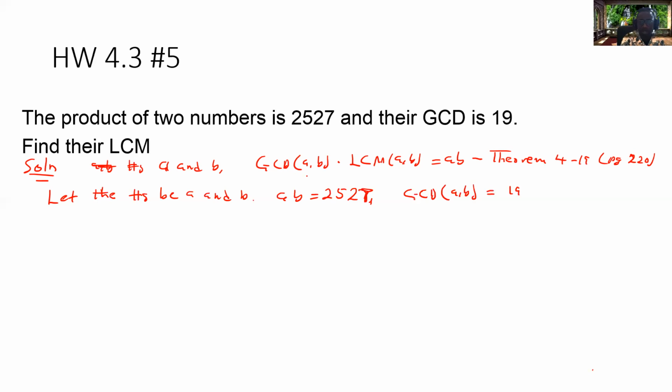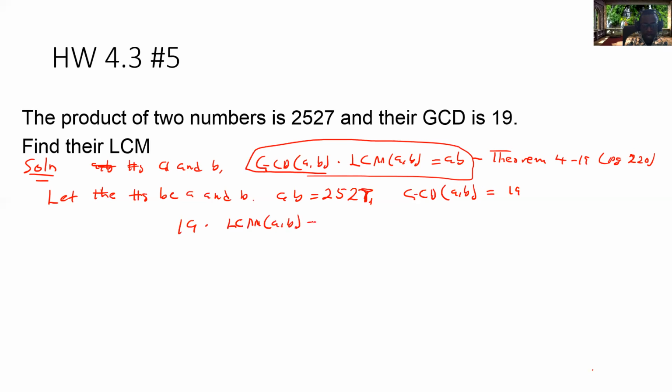So substitute this into the formula. That will give you 19 times the least common multiple of A and B is equal to their product, which is 2,527. And so we're going to divide both sides by 19.